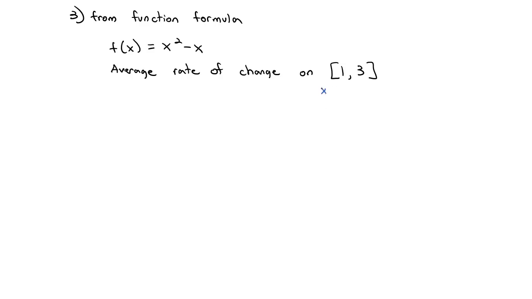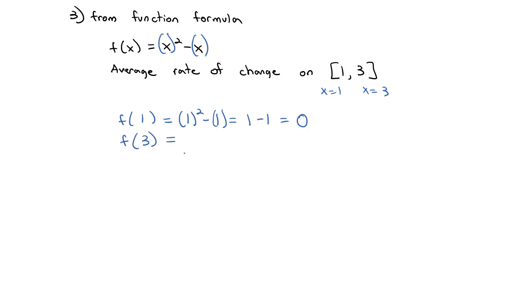So what we're really saying is x equals 1 till x equals 3. Well, those are our input values. We need to find the output values. So we'll put into the function 1, the first input value. And wherever I see an x, it's going to be replaced with that input of 1. 1 squared minus 1. Well, 1 times itself is 1, and 1 minus 1 is 0. So the first output is 0.